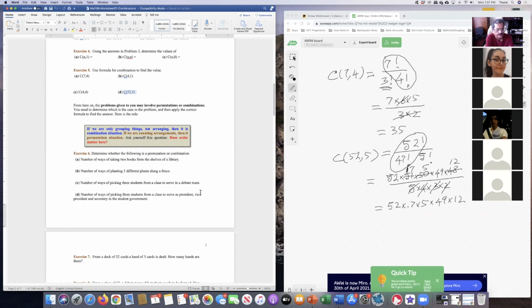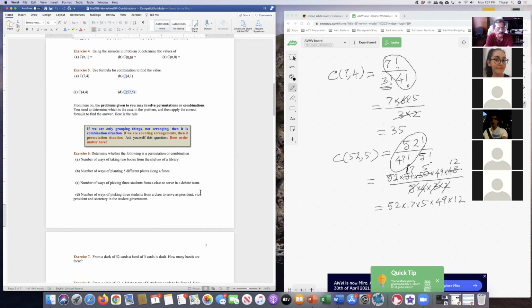Would that be a combination or permutation? It's combination, because you're just taking 2 books, so it's number of selections. You're not rearranging those 2 books. I know it's not easy, but you have to pay attention to the details. So first one is combination, not permutation.